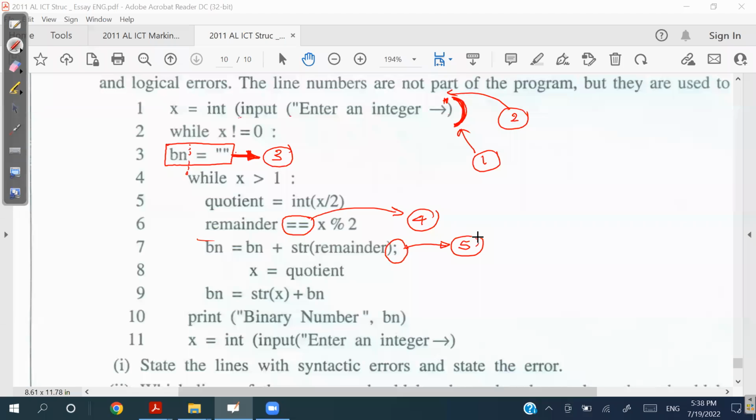And this is unwantedly indented, so it should be moved back. So it's the 6th syntax error that we can find.